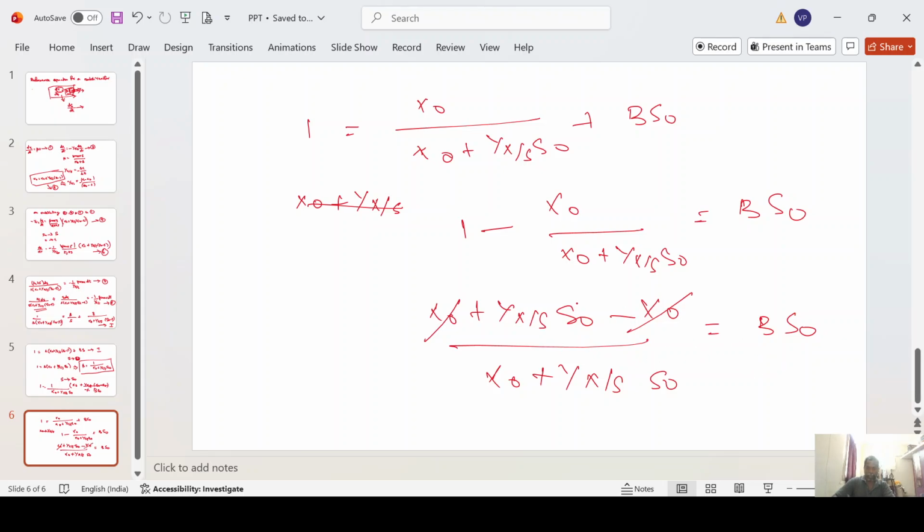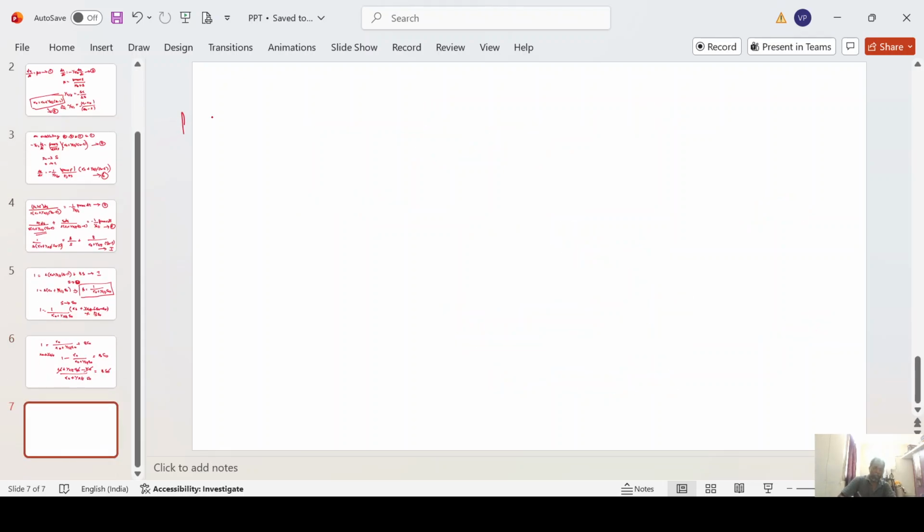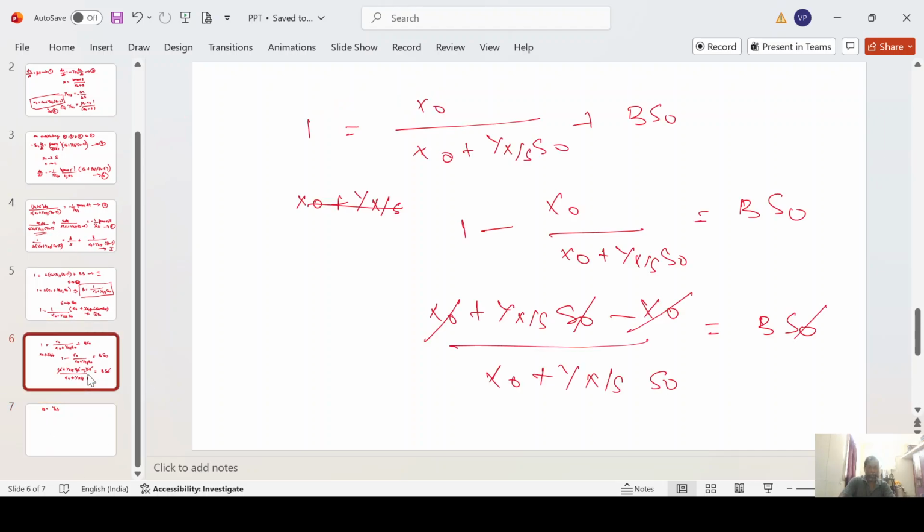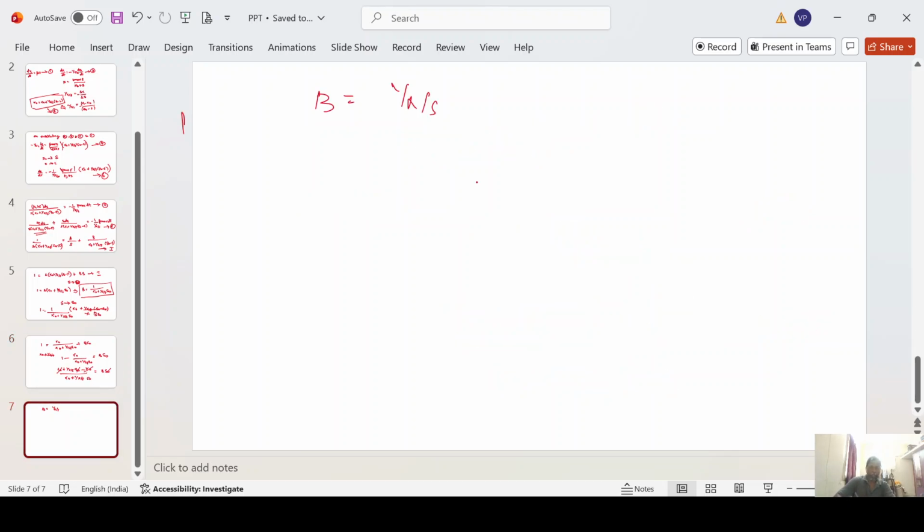Then s naught and s naught will also be cancelled. Then the final equation is b is equal to yx by s. Both s naught and s naught get cancelled, x naught and x naught will also cancel. So b is equal to yx by s whole divided by x naught plus yx by s of s.